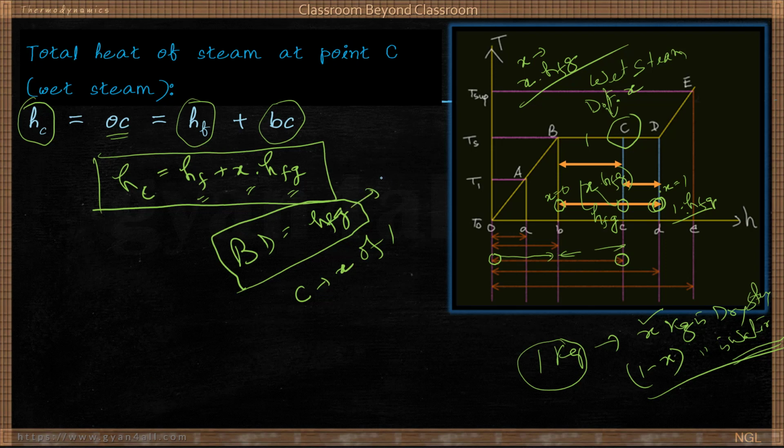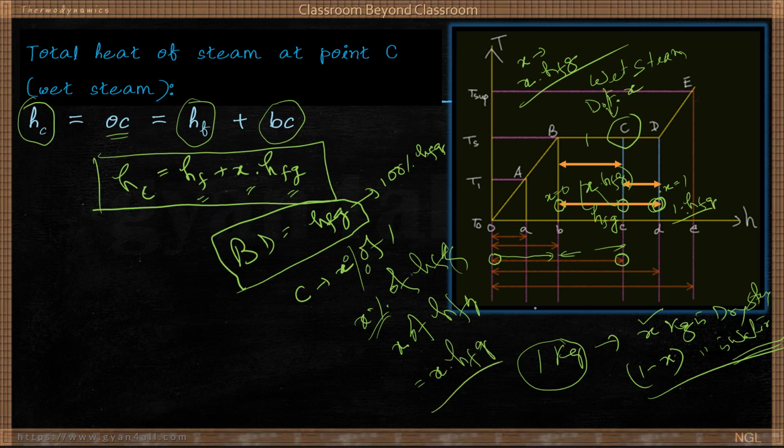HFG is 100%. If you reach D, that is 100%. But if you are going to the X percentage, then that is X percent of 100%. What is 100%? HFG. X percent means percentage. If you take it simply X fraction, X of HFG, that is equal to X HFG.